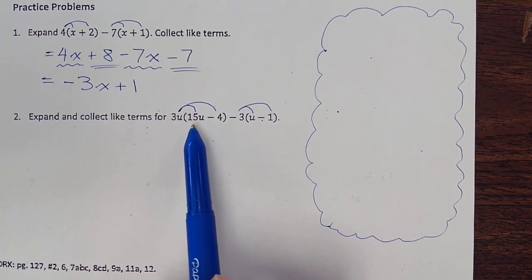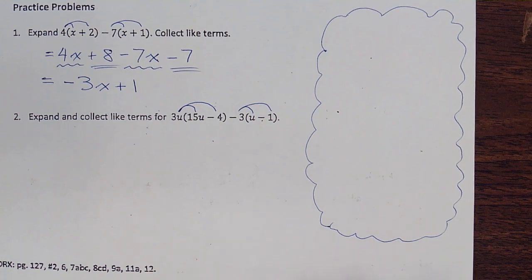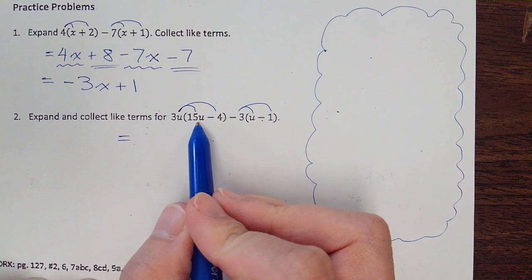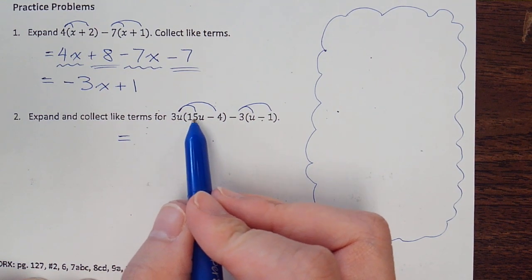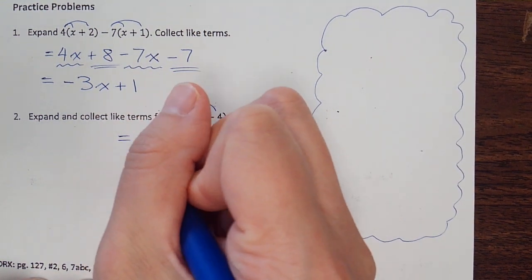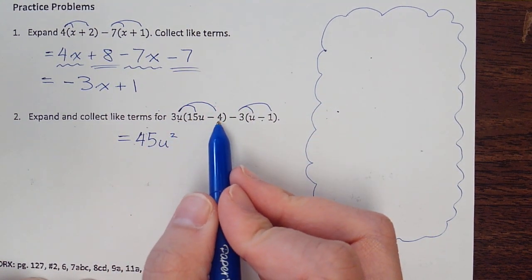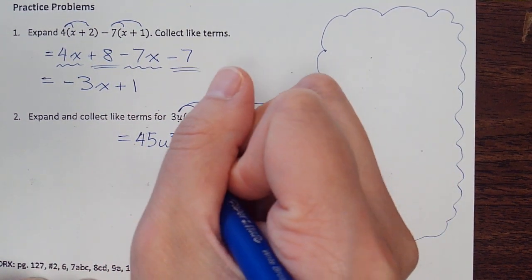We're on number 2. You're done? Okay, go back. Let's hear it. 3u times 15u? That would give you 45u squared. Good job. 3u times negative 4? Negative 12u.